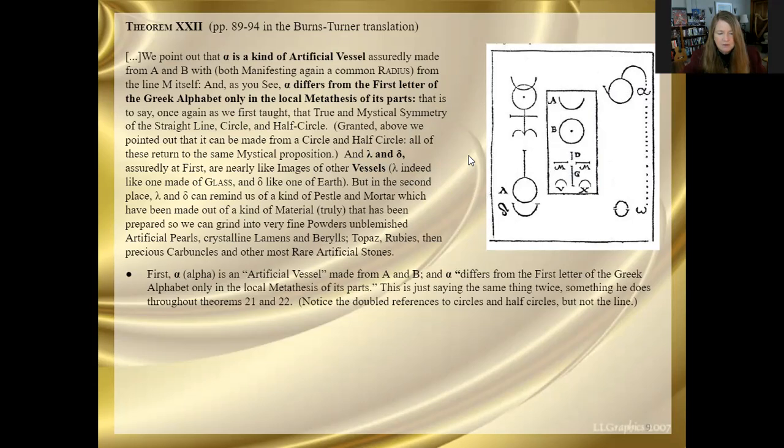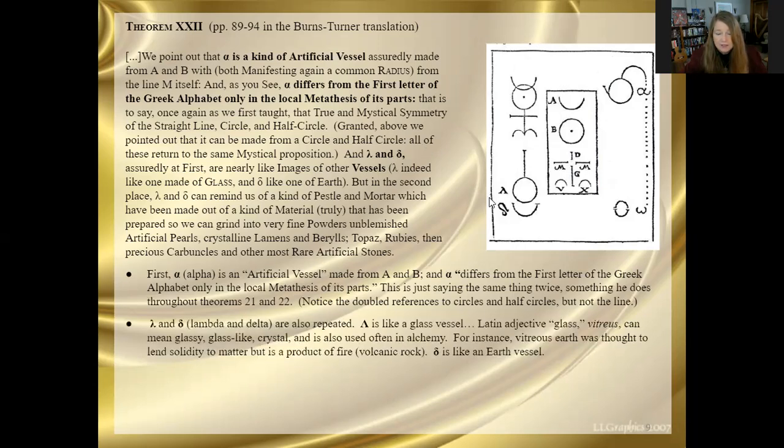But in the second place, lambda and delta can remind us of a kind of pestle and mortar, something you grind things with, which have been made out of a kind of material, truly, that has been prepared so we can grind into very fine powders unblemished artificial pearls, crystalline lamans and beryls, topaz, rubies, then precious carbuncles and other most rare and artificial stones. He repeats lambda and delta multiple times. In fact, he says lambda and delta twice, and then he talks about them separately twice, so four times total.